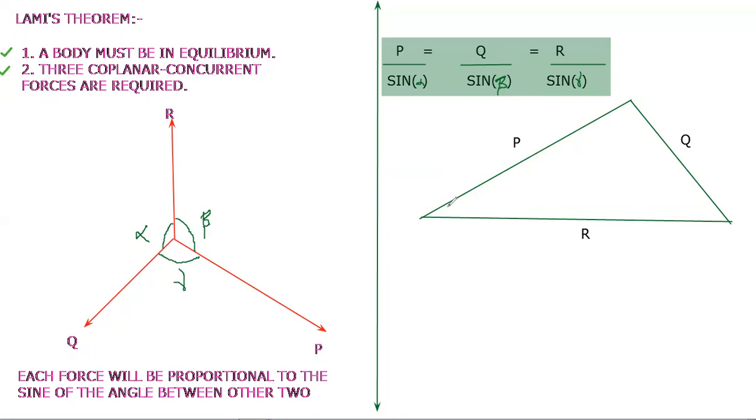And if these angles are given, alpha, then beta, and then gamma, then how can we write this?